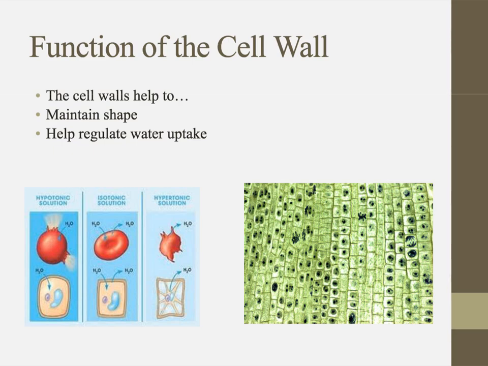But a lot of times, plants are in a scenario where water is going to be entering their cells pretty continuously. If it were an animal cell with no cell wall, there is the potential for so much water to enter and then the cell could burst. That cell wall on plants helps prevent that bursting from happening, so helping to regulate the water uptake.